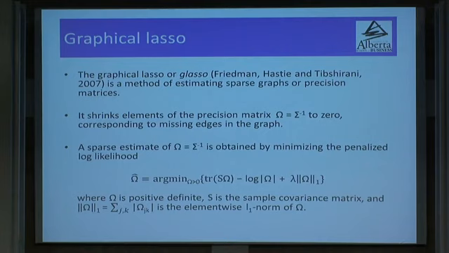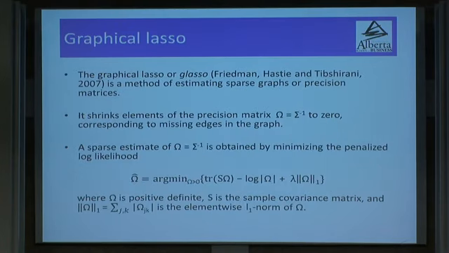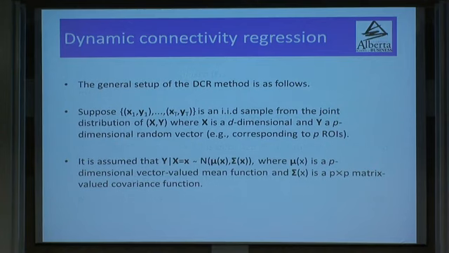It's obtained by minimizing the penalized log likelihood. The parameter of interest is this lambda here, okay? This lambda controls the sparsity of the graph. If lambda is very large, then the graph is sparse, there are not many edges. If lambda is quite small, it's a fuller matrix with lots of edges, okay? So the question, which we'll come back to, is how do we choose lambda, okay?